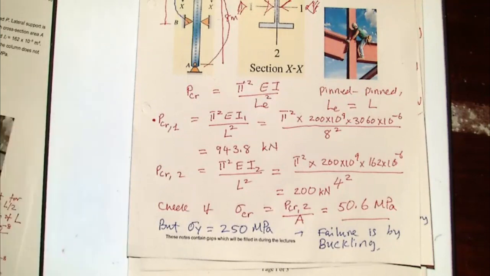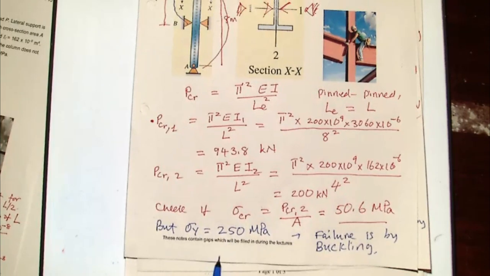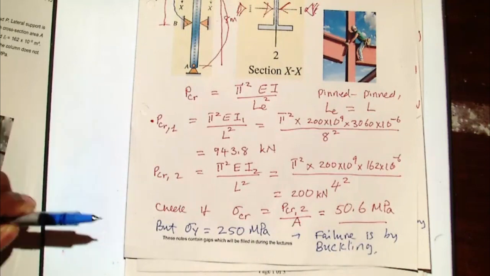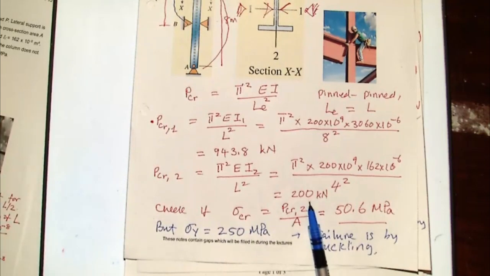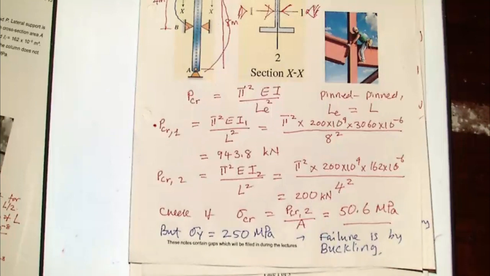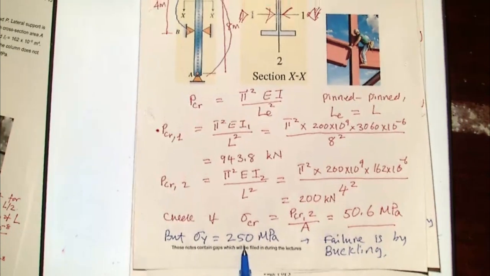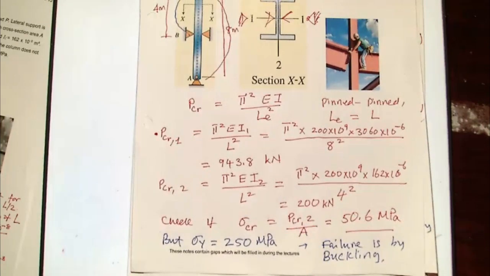So if you are trying to design this, you want to make sure your yield stress is very high, so you're never going to get there with this load. You make sure that you apply a load which is just slightly less than 200 kilonewton. If you go below 200 kilonewton, it's not going to buckle because you need 200 kilonewton for it to buckle, and it's never going to yield. So we put something that is below that.